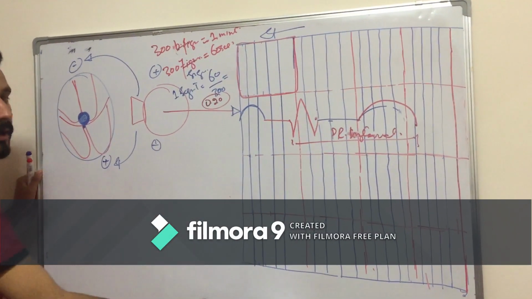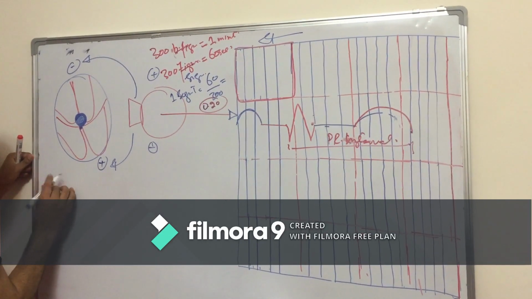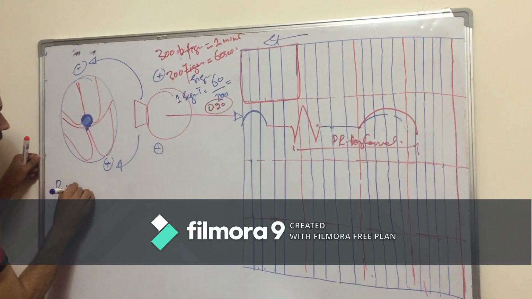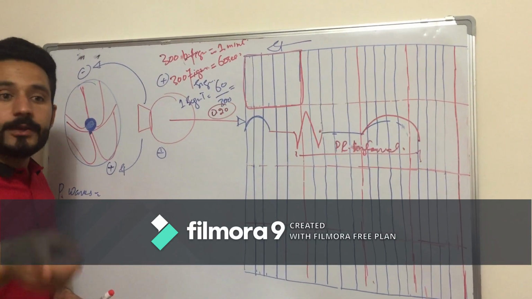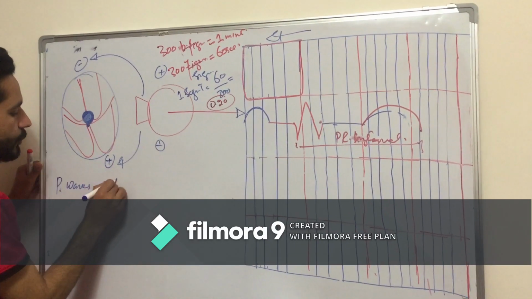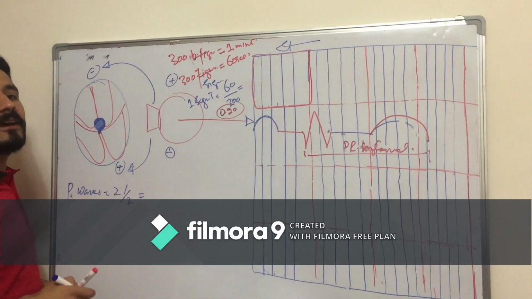Now, as you know, the P wave takes how much time? The P wave occupies 2.5 segments. One segment we already calculated.